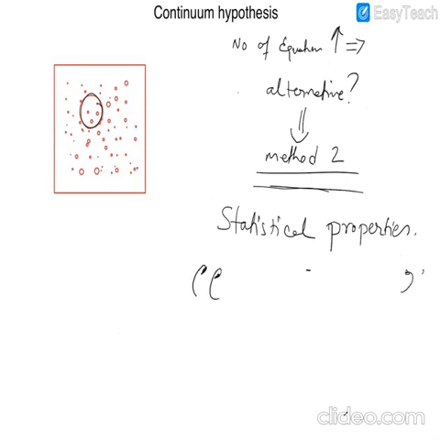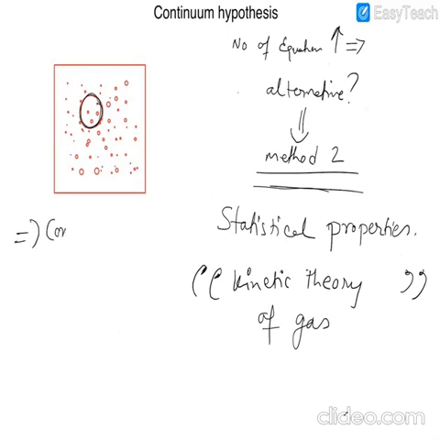This type of analysis is quite popularly called the kinetic theory of gas. Now as we are not tracking each molecule but a group of molecules, the computation is quite easier, right? So computation is easier.